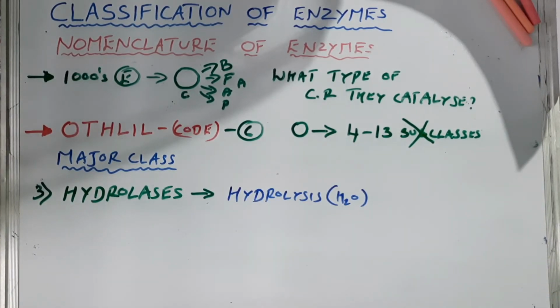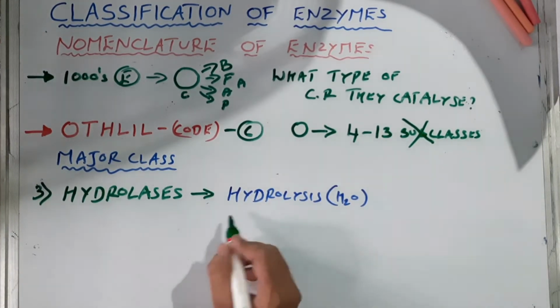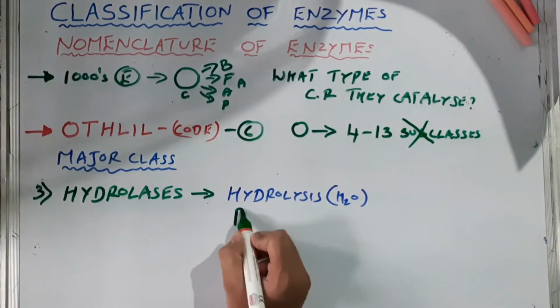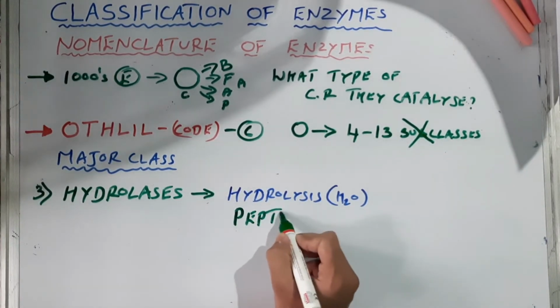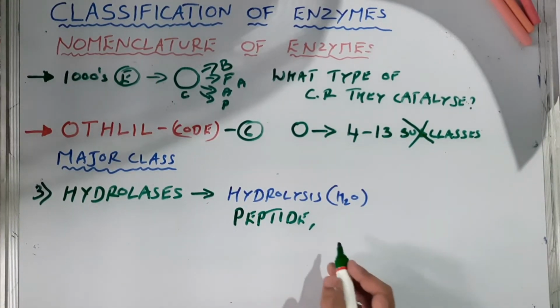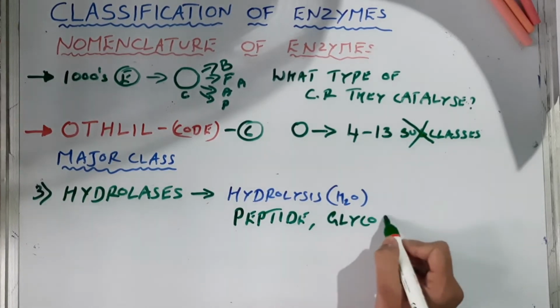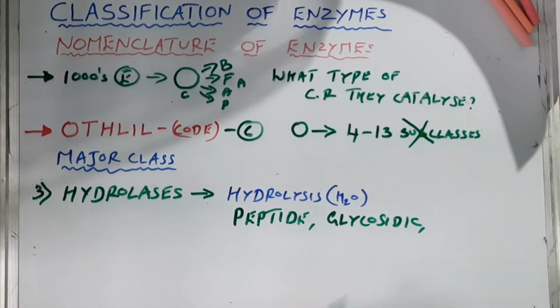Let us see what types of bonds they can break with the help of hydrolysis. The hydrolase enzyme is going to break different types of bonds, such as the very familiar peptide bond. Where do you see the peptide bond? You see it in the polypeptide chain. Next, the glycosidic bond. Where do you see the glycosidic bond? In the nucleoside of the DNA.